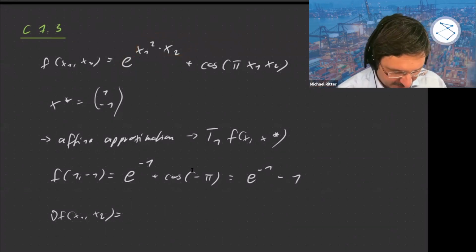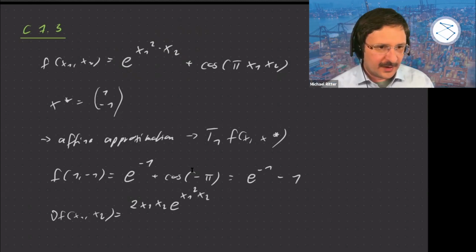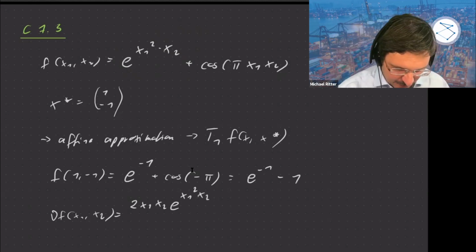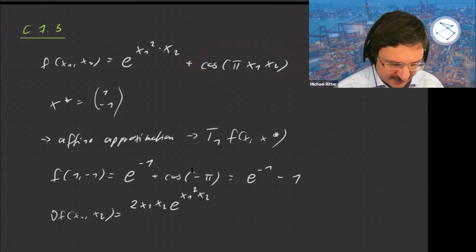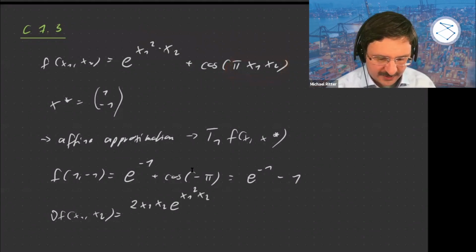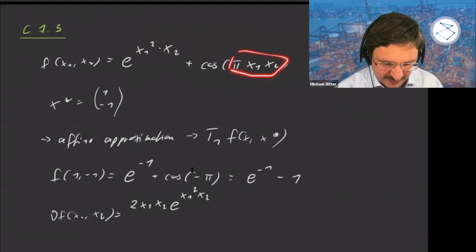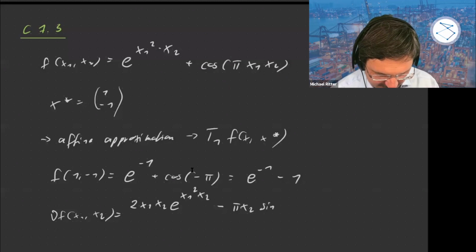So we get, right, that inner function derivative first, 2x1, x2 times the exponential function. And then here we have the derivative of the cosine, that is the negative sign, times the derivative of the inner function again. The derivative of this here is pi x2. So we get minus pi x2 times sine of pi x1, x2.